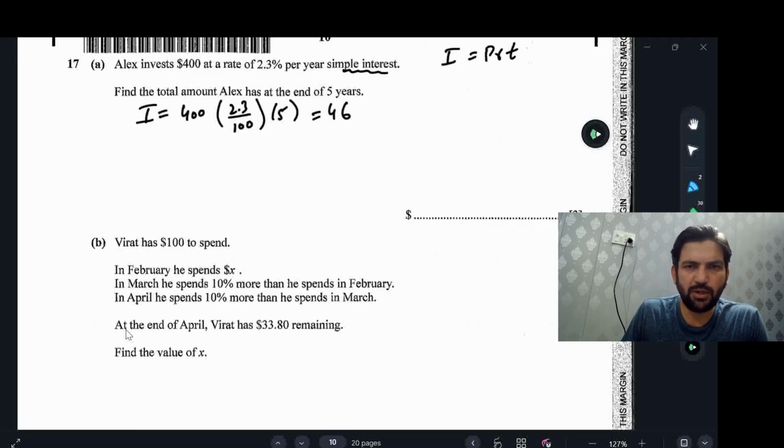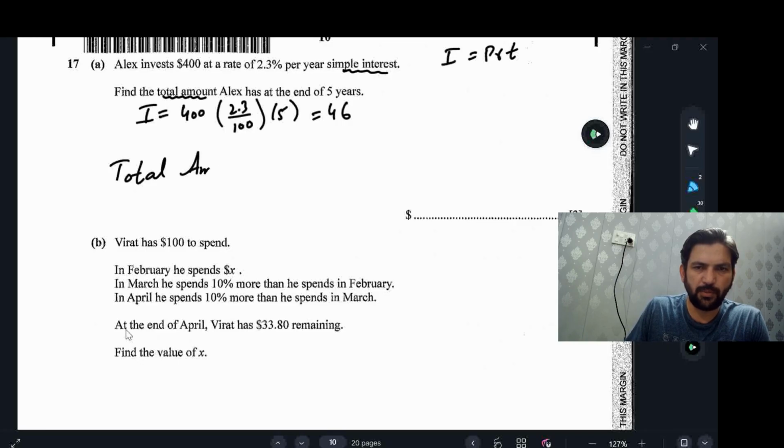They are asking about the total amount, so read the question carefully and then decide what you have to write in the final answer. The total amount should be equal to 400 plus 46, so 446 will be the final answer.